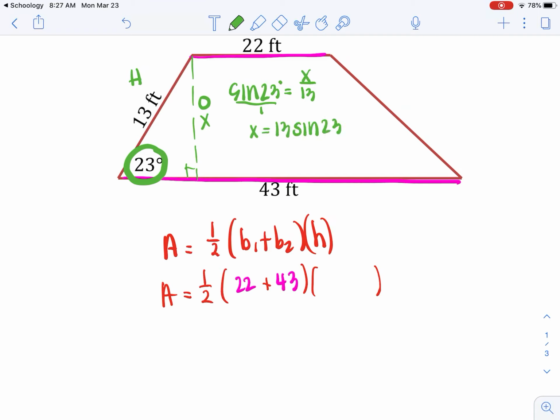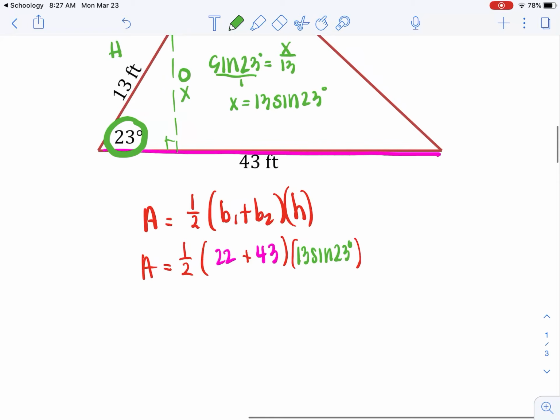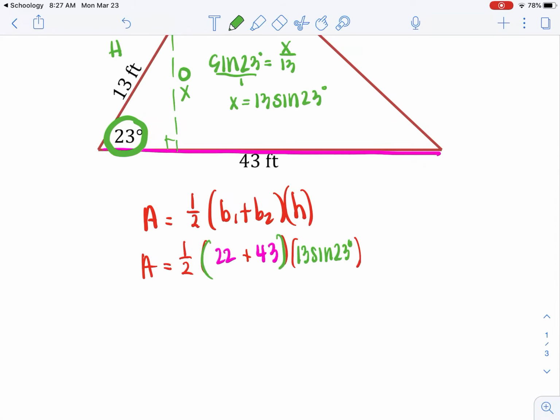You get x equals 13 times the sine of 23. All right, go ahead and try putting that in your calculator. Make sure you put parentheses around 22 plus 43. You get area is 165.1 feet squared.